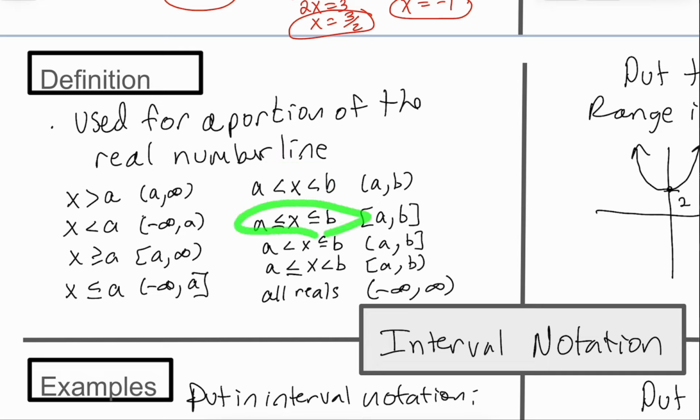If we do include both, put a bracket on both. If one is included and one is not, use the appropriate bracket or parenthesis notation. All reals, you put negative infinity to positive infinity. Infinities always get a parenthesis because you can't land there. Okay.